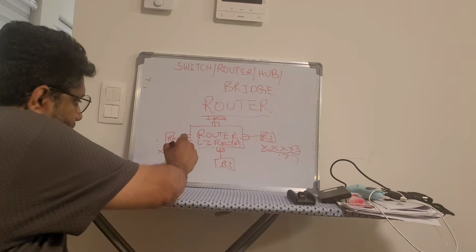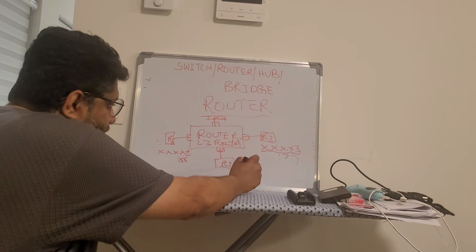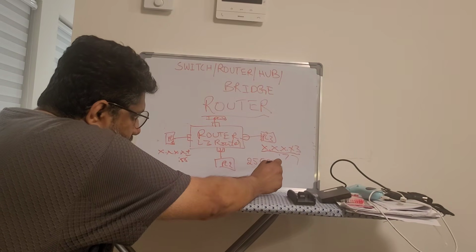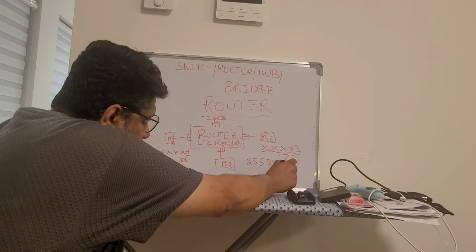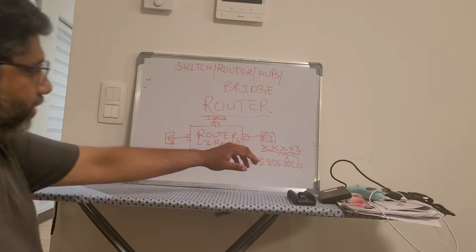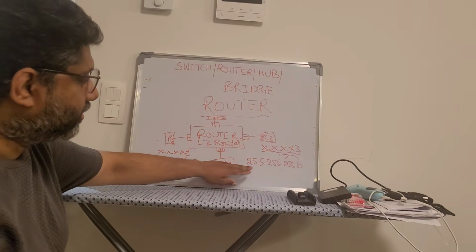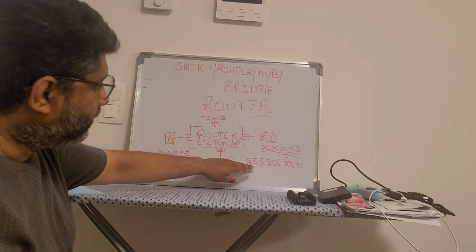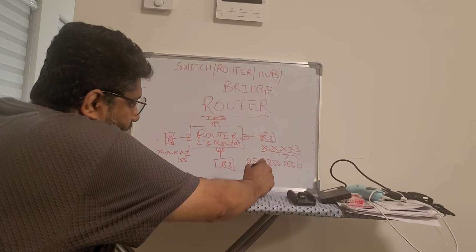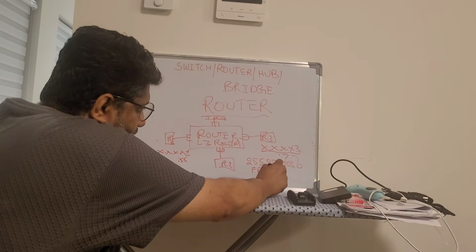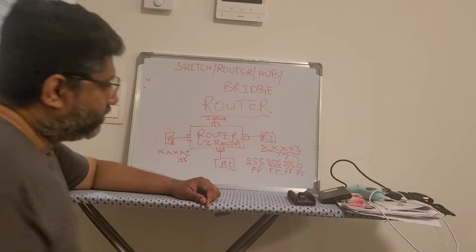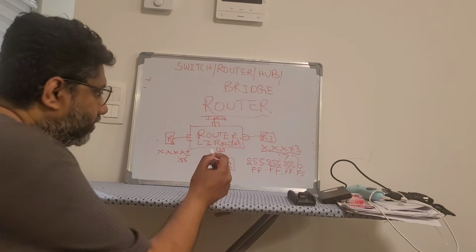For example, if you have a subnet mask of 255.255.255.0, 255 translates to FF, so FF.FF.FF.00.